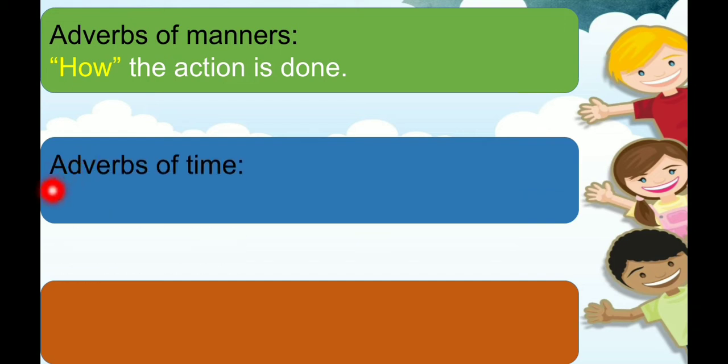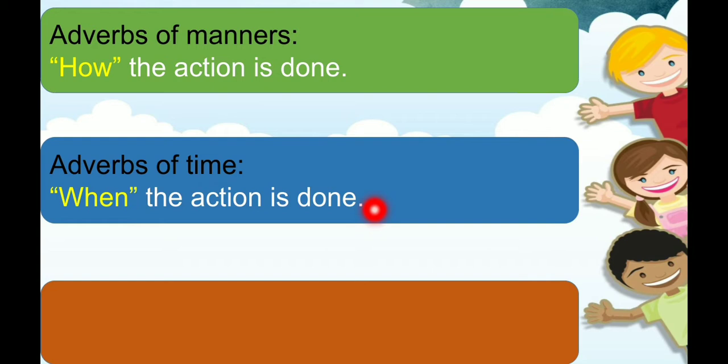Next is adverbs of time. Adverbs of time describe when the action is done. It describes the time when the action is done. That's why it is called adverbs of time.